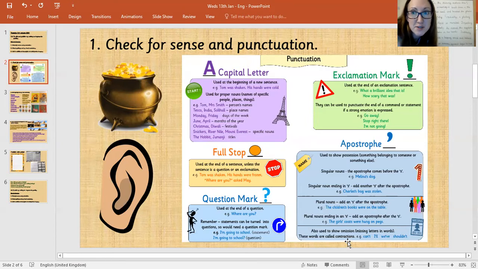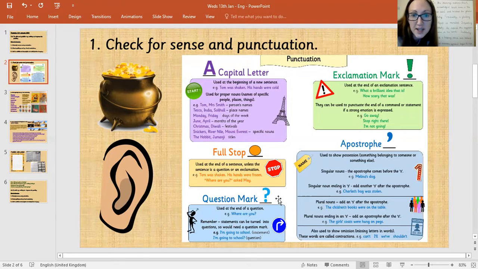These are the pieces of punctuation that we are going to focus on today. You can see here, we need to make sure we have capital letters for all of our proper nouns, specific names of people and places. Make sure we've got full stops to end our sentences to mark where one idea finishes and the next begins. I don't think we'll have any of these unless your character, the archaeologist, is going to ask himself a question in his mind.